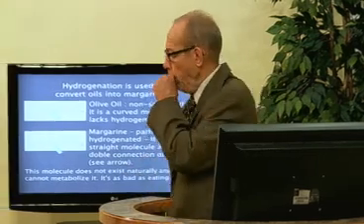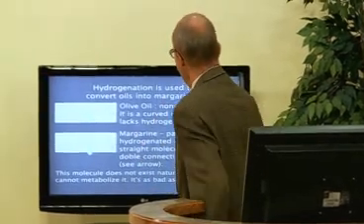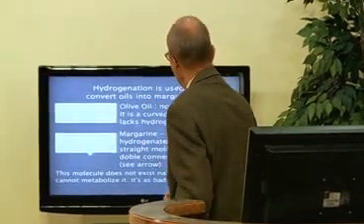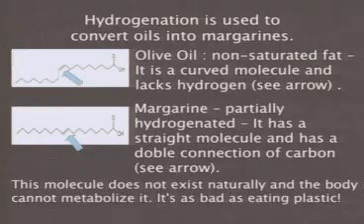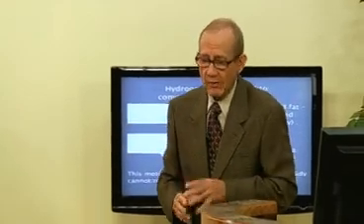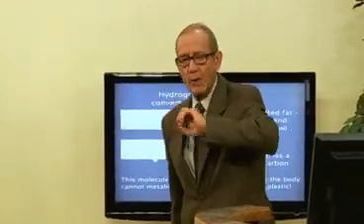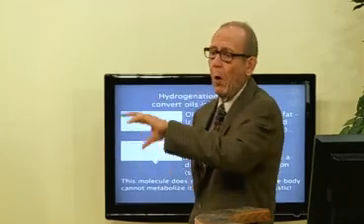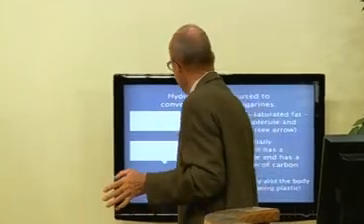Now, here is another thing that's called hydrogenated fat. We all have heard about hydrogenated fat. What could that mean? Well, I told you already that the oils in their natural form are liquid and they are mono or poly non-saturated fats, and that means that there is missing either one or two or more hydrogens.